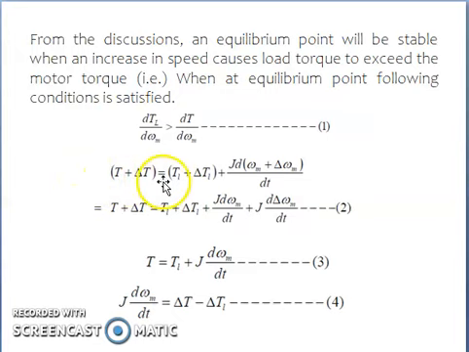Previously it was T equal to TL plus J d omega by dt. Now it is changed to T plus delta T equal to TL plus delta TL plus J d of (omega m plus delta omega m) by dt. So that is rewritten here. Now rearranging these terms, we get J d omega m by dt equal to delta T minus delta TL. We will call it equation number 4.